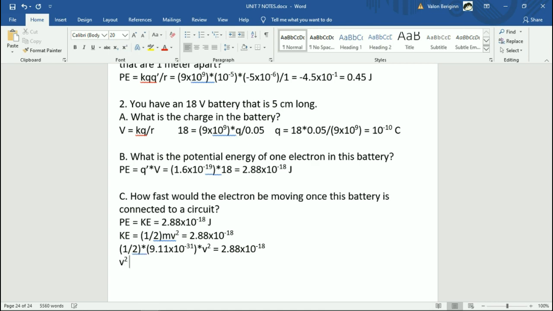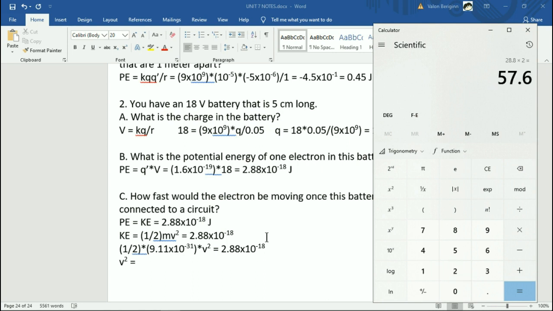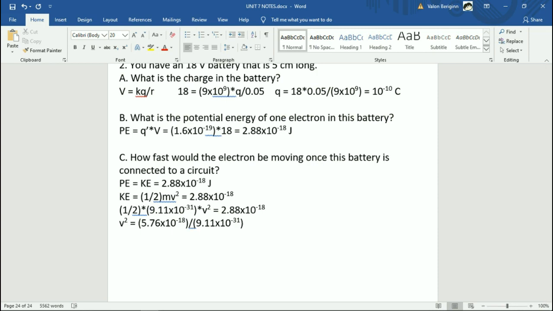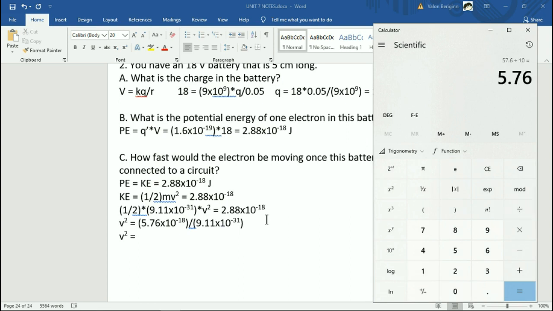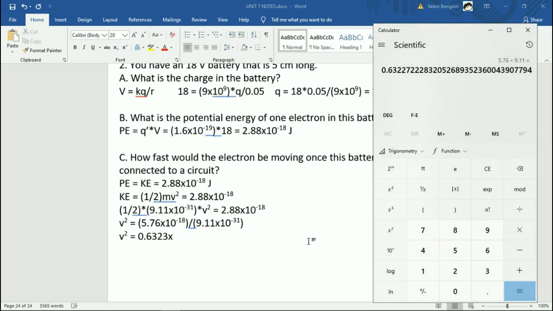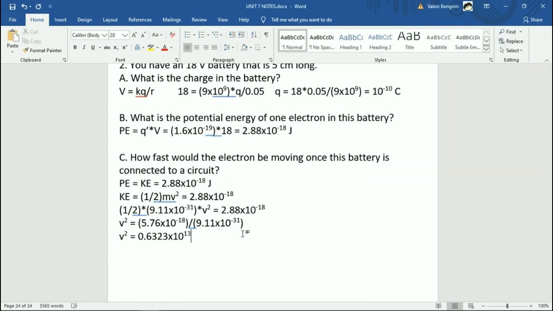So v squared, you have to multiply 2.88 times 2, so it's going to be 5.76 times 10 to the negative 18, divided by the mass, 9.11. That gives about 0.6323, times 10 to the negative 18 minus negative 31, so 31 minus 18, which is 13.